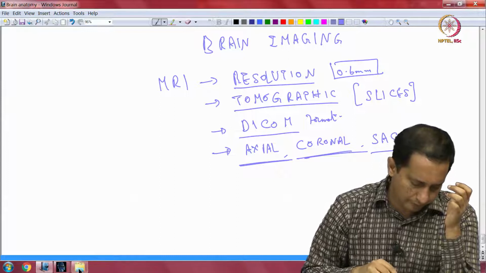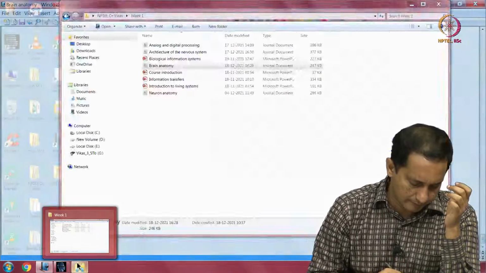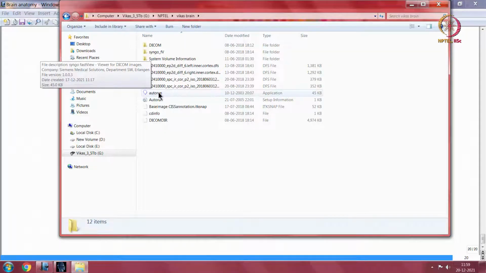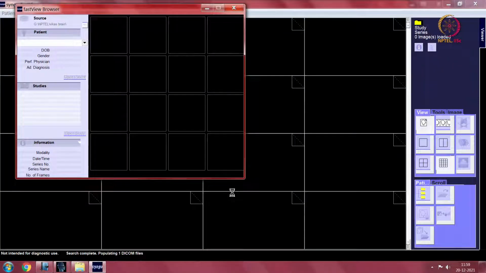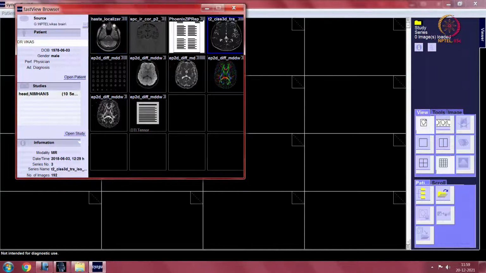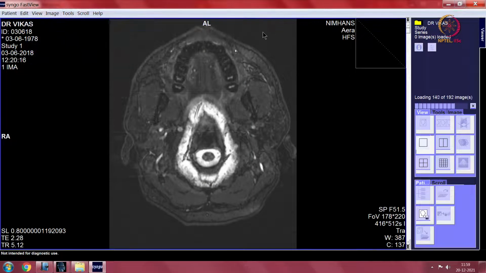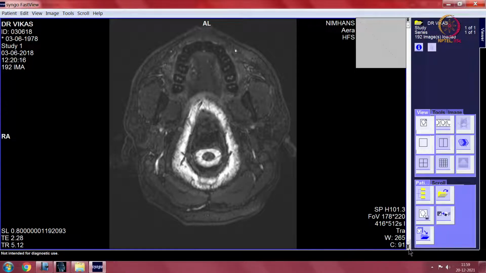Now if you look at imaging, there is an app which runs the DICOM viewer, and then you can scroll through the imaging which is available. So that is how these things run.